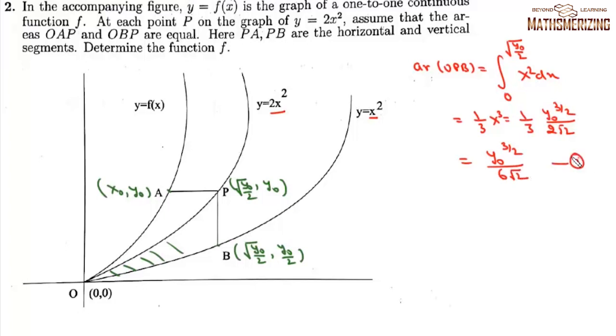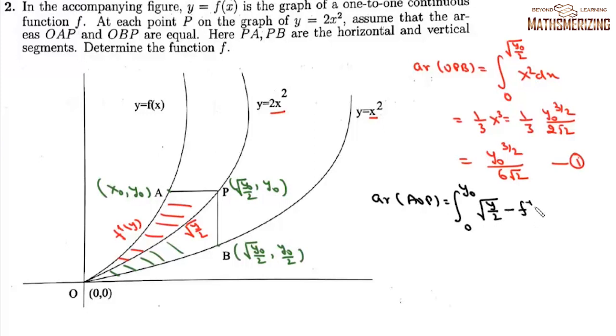that's our first equation. Now we'll find this area OAP. Now this curve is square root of y by 2, and this curve is f inverse y. Now we'll find this area with respect to the y-axis. So area of AOP will be the integral from 0 to y0, and then upper curve, which is square root of y by 2 minus f inverse y, dy.